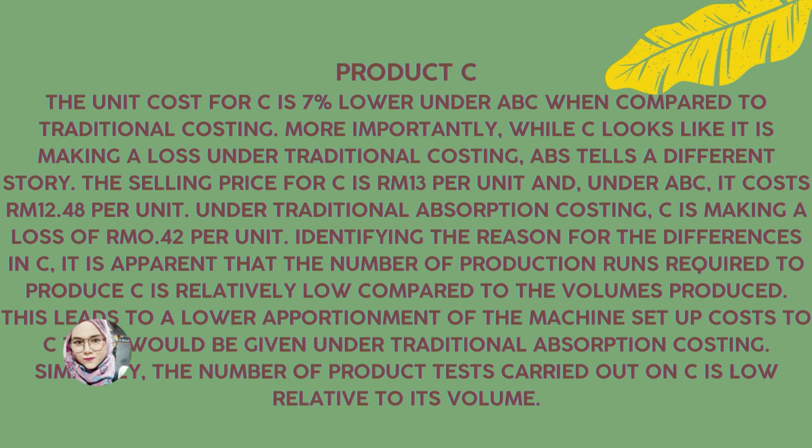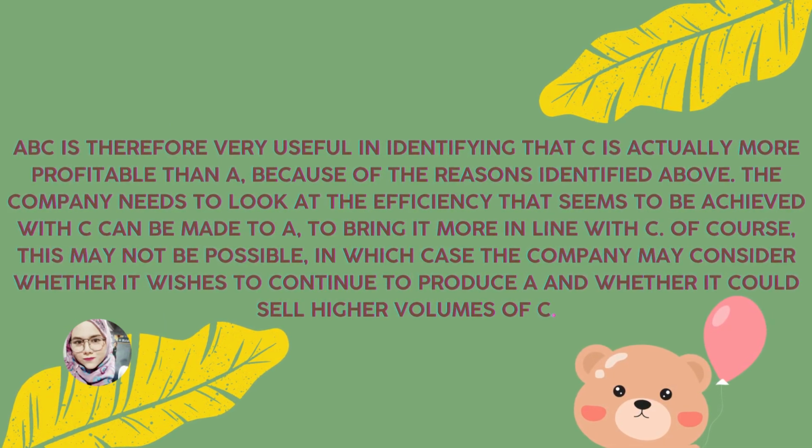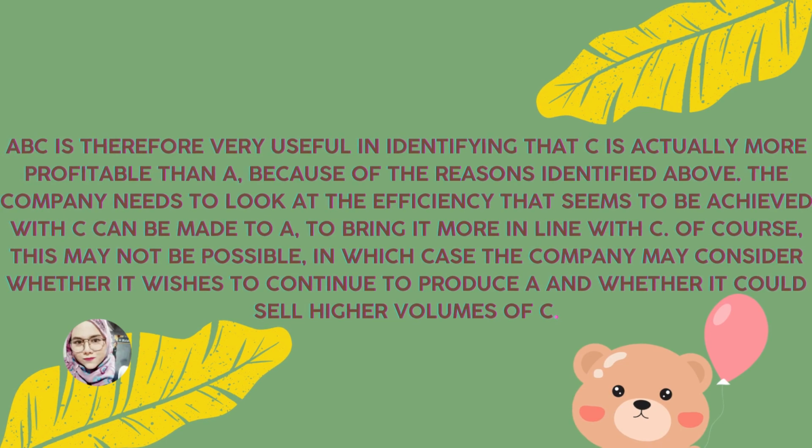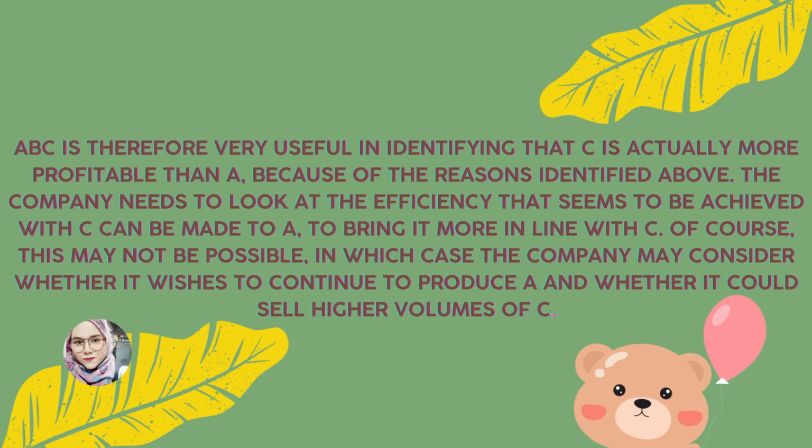This leads to a lower apportionment of the machine setup cost to product C than would be given under traditional absorption costing. Similarly, the number of product tests carried out on product C is low relative to its volume. So ABC is very useful in identifying that product C is actually more profitable than product A.